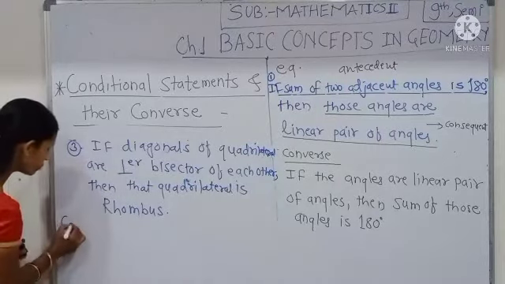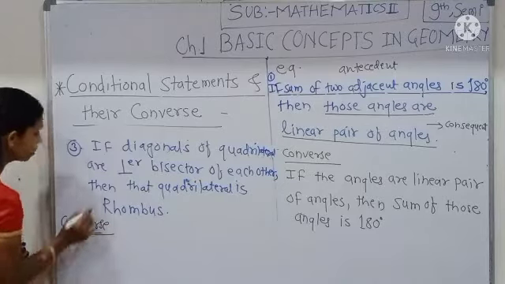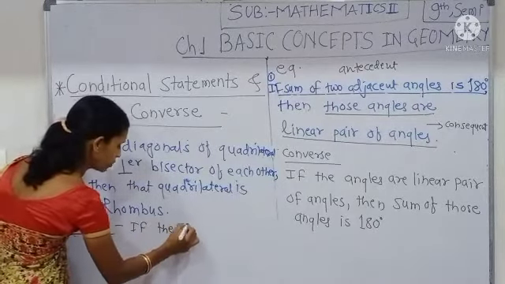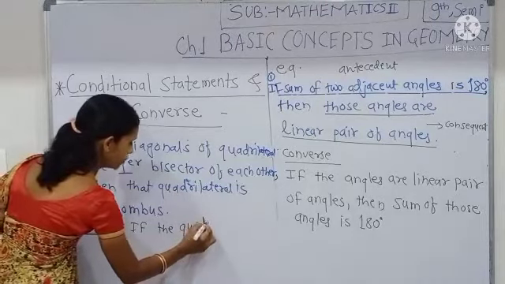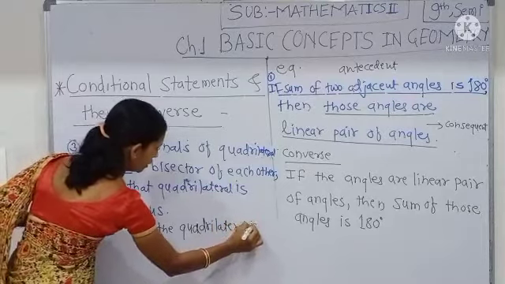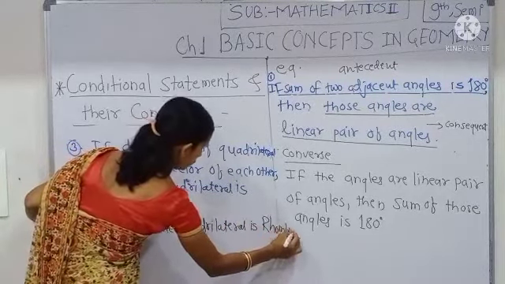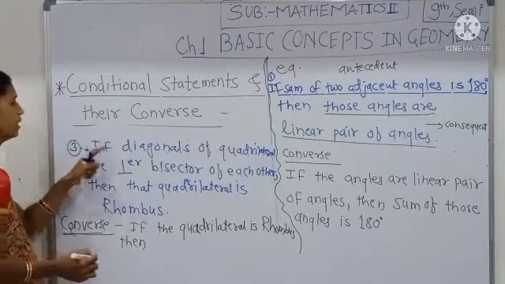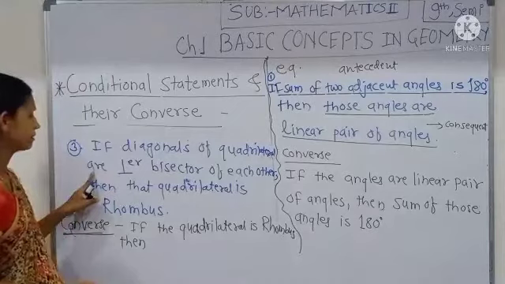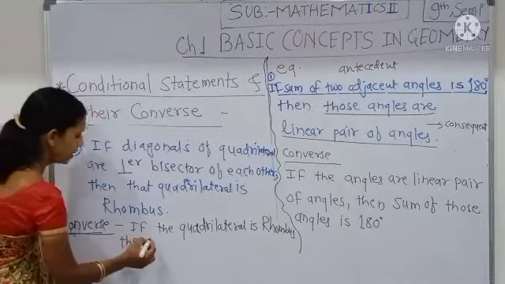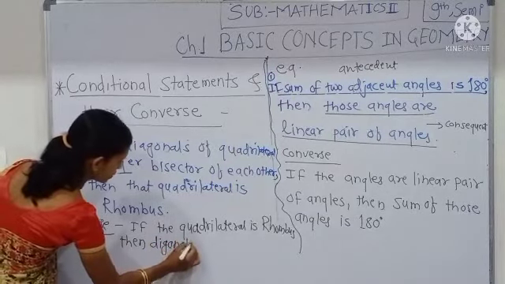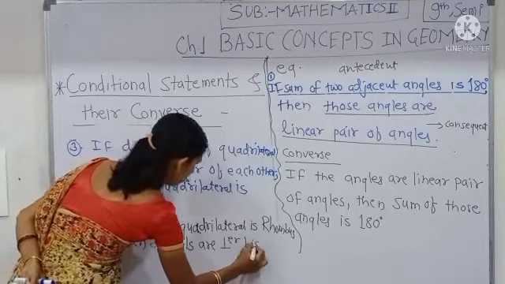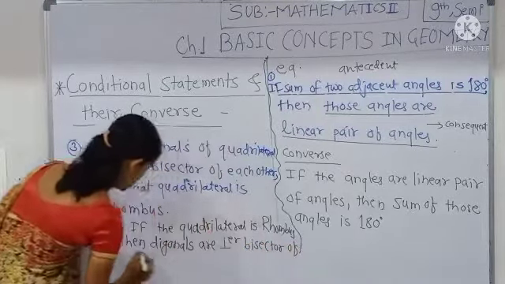Then the converse of this given statement is: if the quadrilateral is a rhombus, then the diagonals of the quadrilateral are perpendicular bisectors of each other.